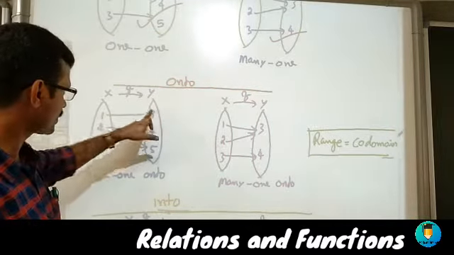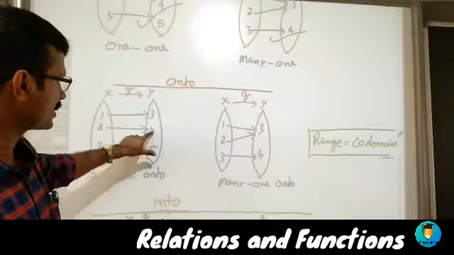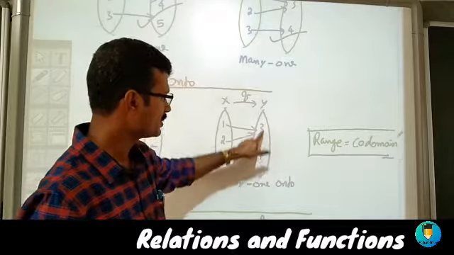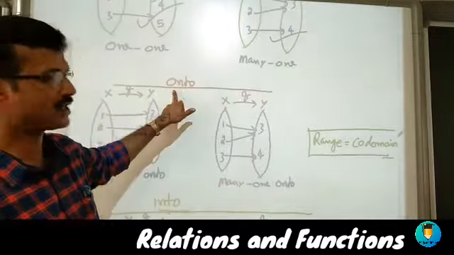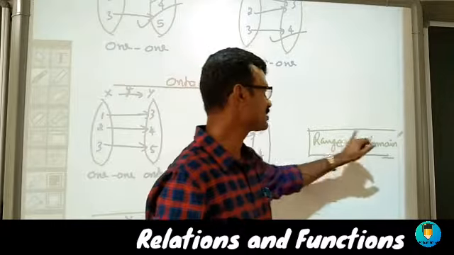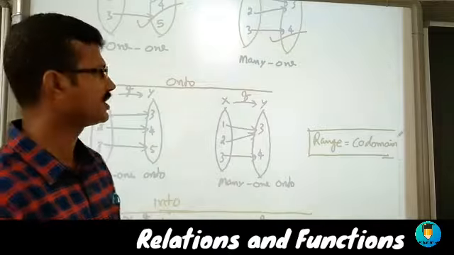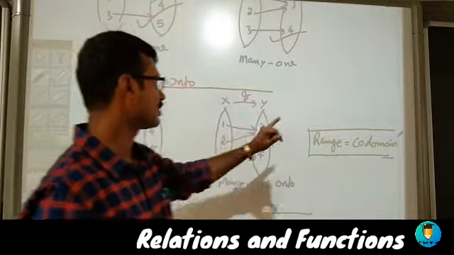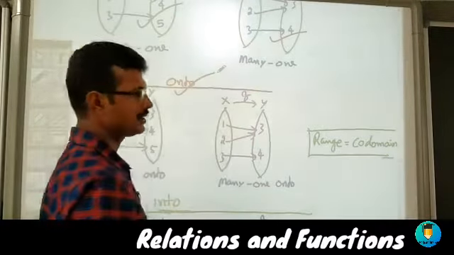And here the range is the same as the codomain. The range is 3, 4, 5, that is the image set. Here also the range is 3, 4, the same as the codomain. So in an onto function, range is equal to codomain. If you can prove range is equal to codomain, the given function will be an onto function.